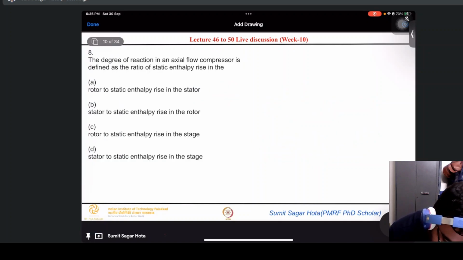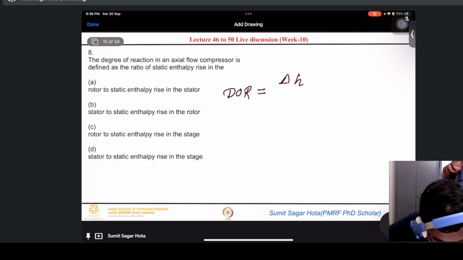The degree of reaction in an axial flow compressor is defined as the ratio of static enthalpy rise in the dash. So, degree of reaction. We don't care what is going on in the stators.